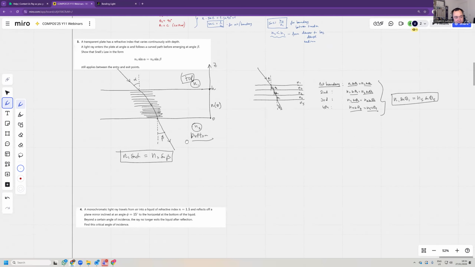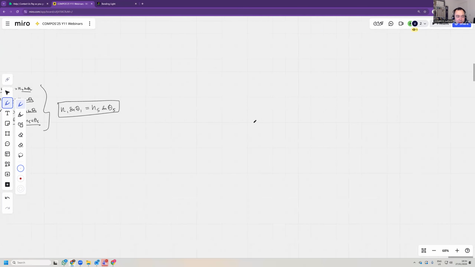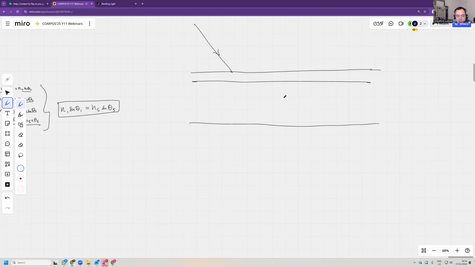Now, you can have a situation where the refractive index reduces. Now, if light enters and then the refractive index decreases, let's say this is Z, and this is 0.